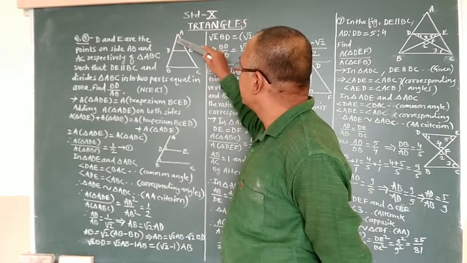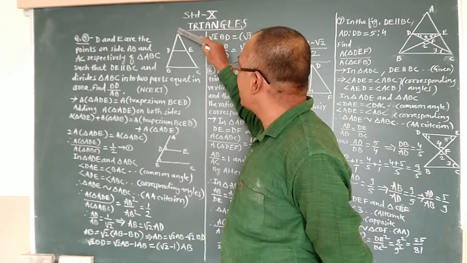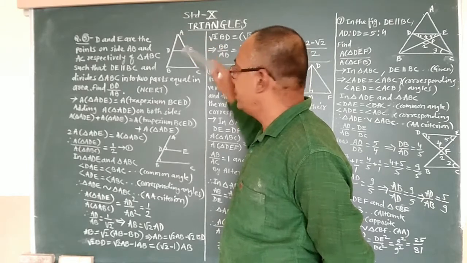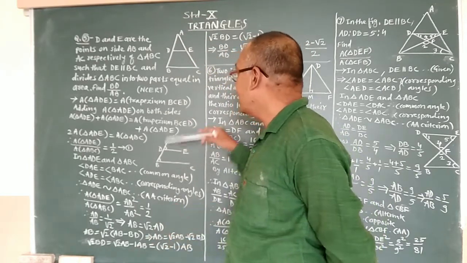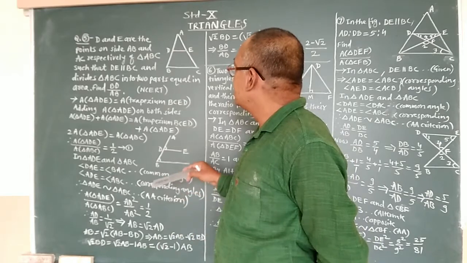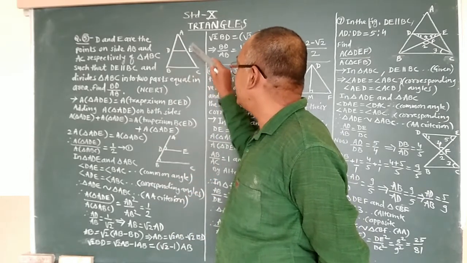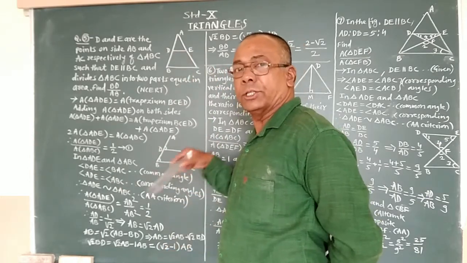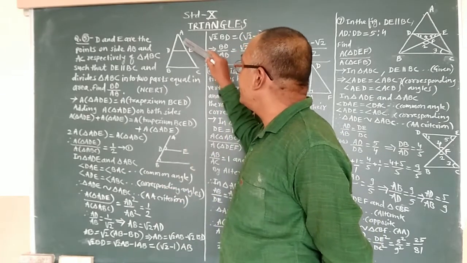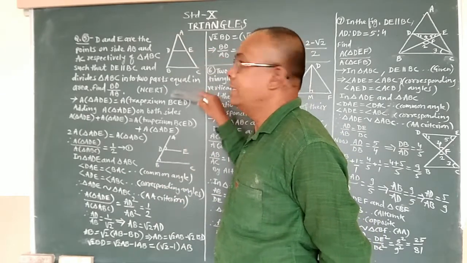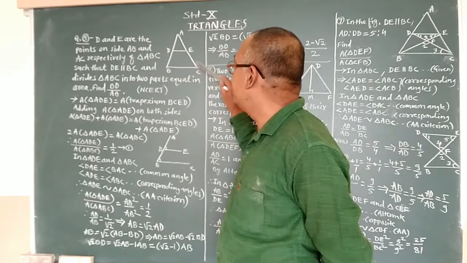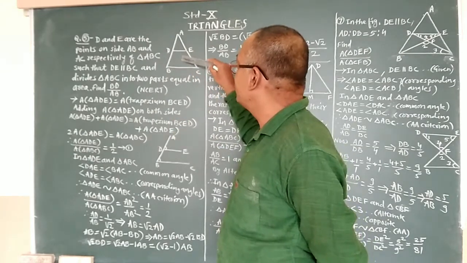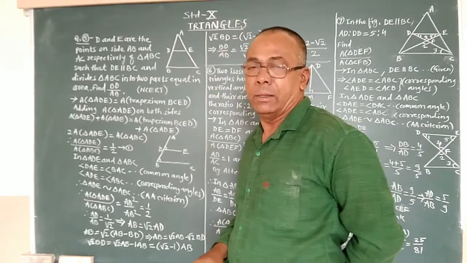That is, one part is triangle ADE and the other part is trapezium BCED. So these are the two parts, and the area of triangle ADE equals the area of trapezium BCED, meaning these two areas are equal.